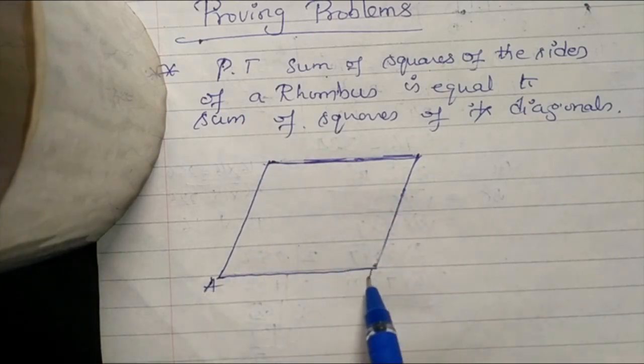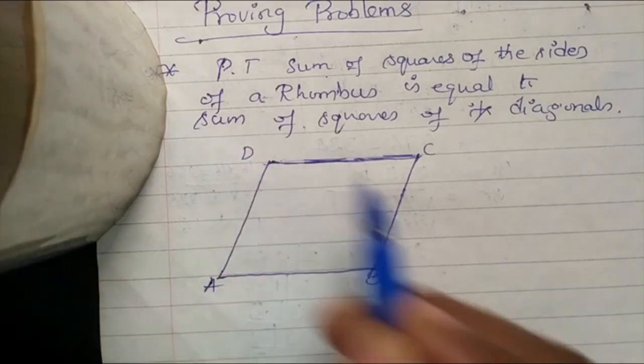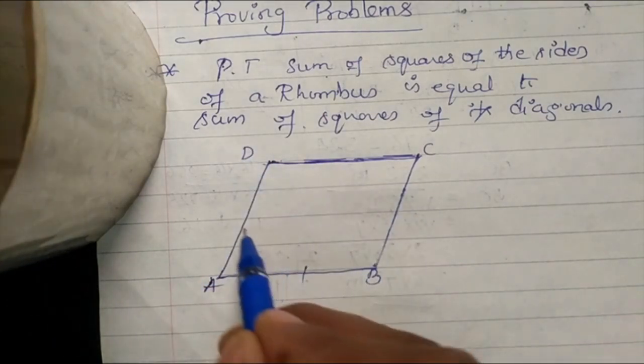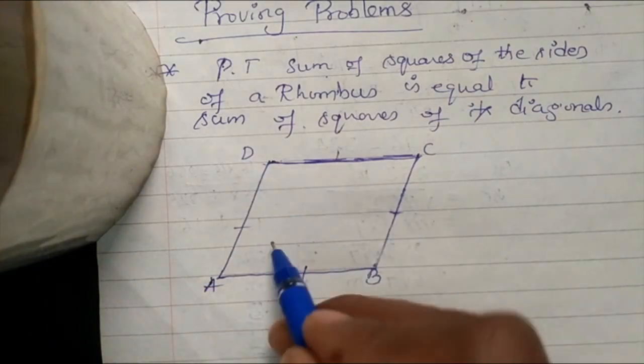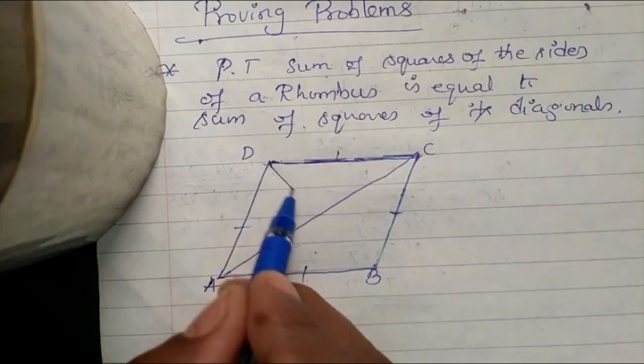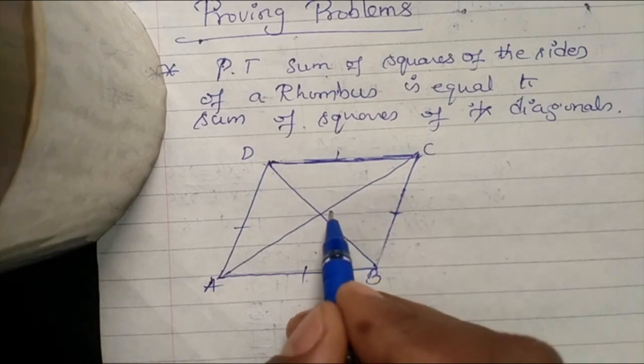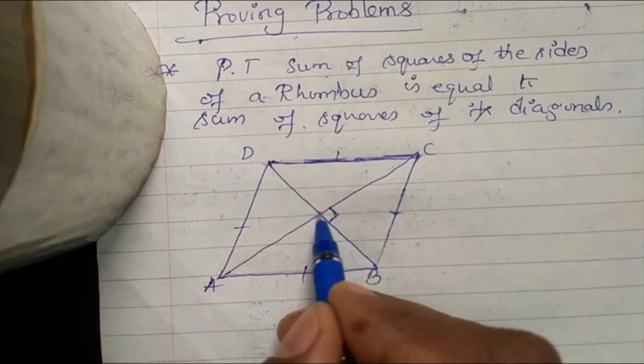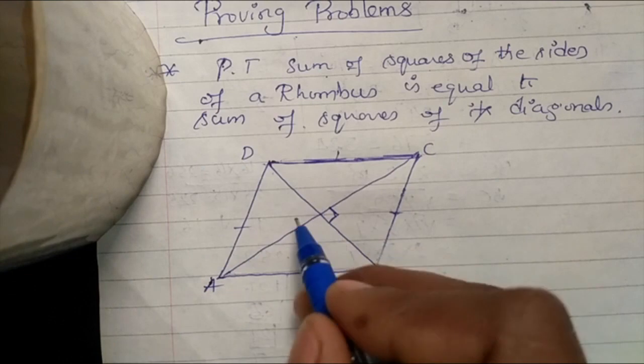So name ABCD is a rhombus. You know the properties of rhombus. In rhombus, all the four sides are equal, as well as another very important property of the rhombus, that is the angle between the diagonals is 90 degrees.